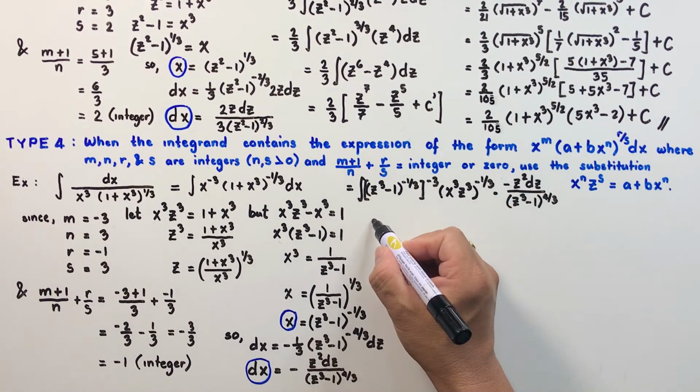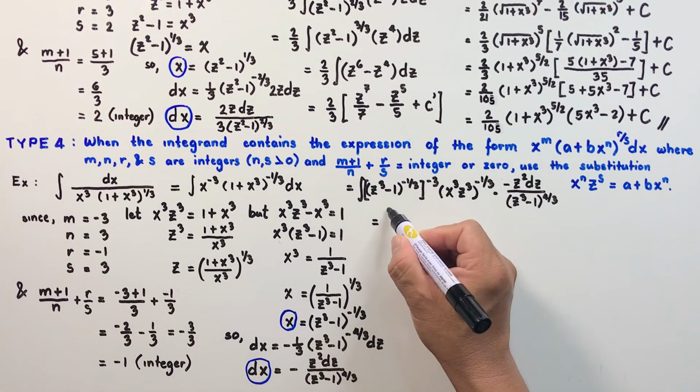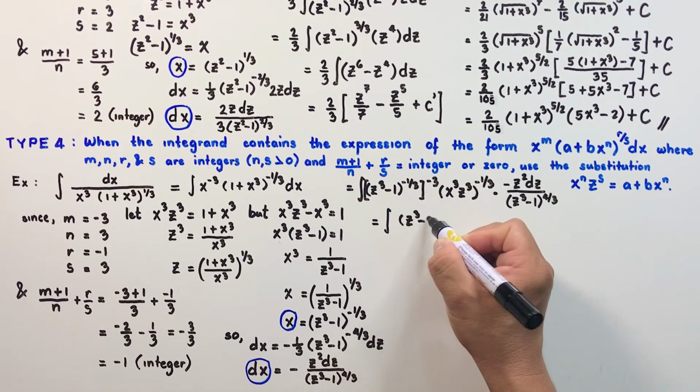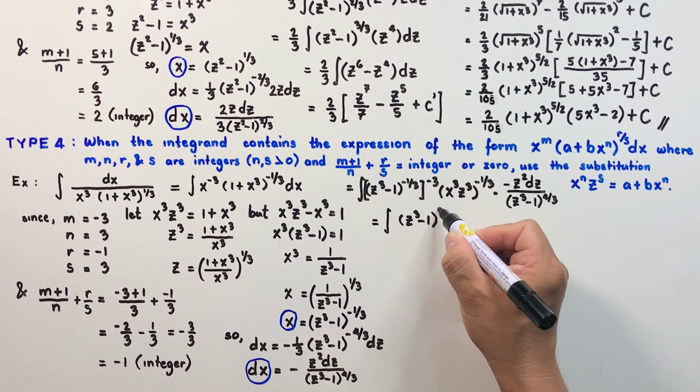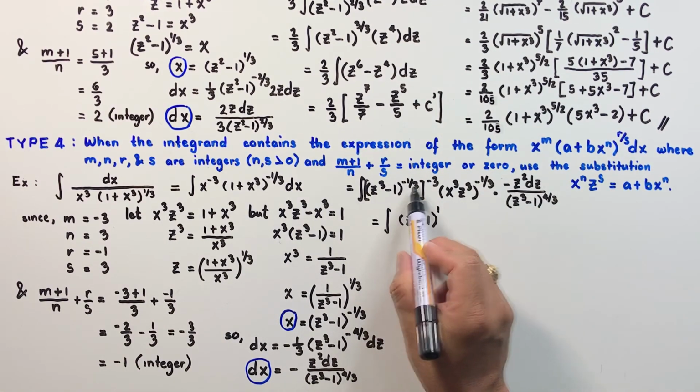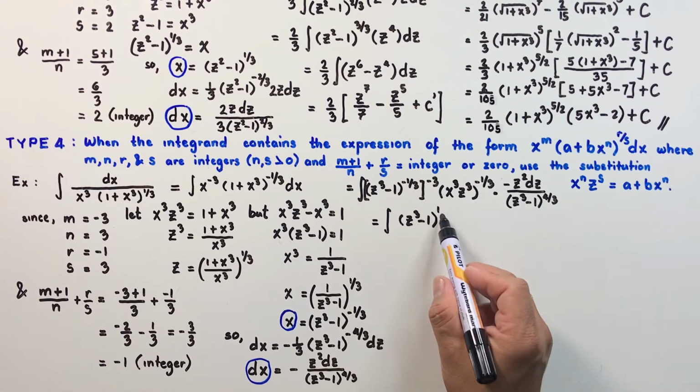And simplifying our exponents, we have the integral of z cubed minus 1 raised to the exponent of positive 1, because negative 1/3 when multiplied by negative 3 is just 1.